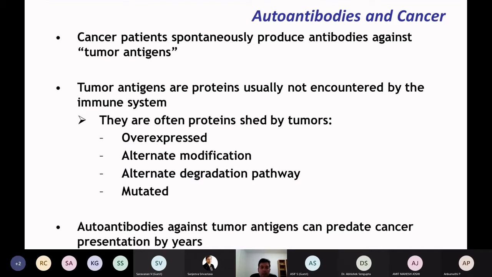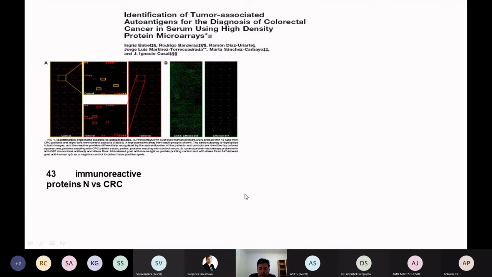So these autoantibodies against these altered self proteins can predate or anticipate cancer by years.